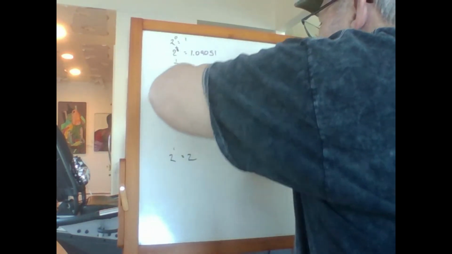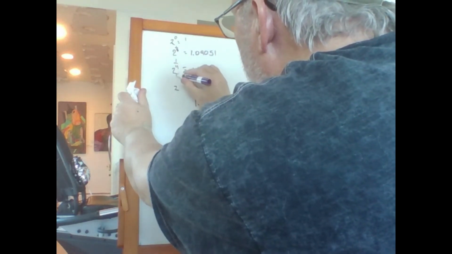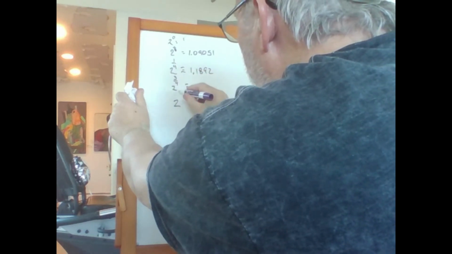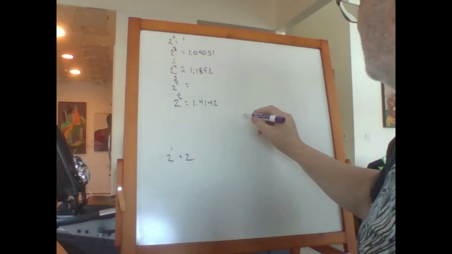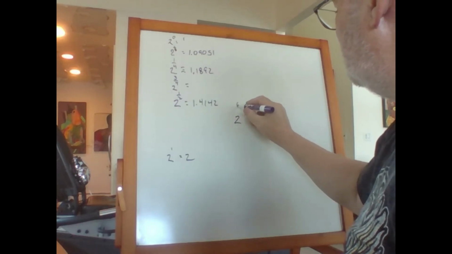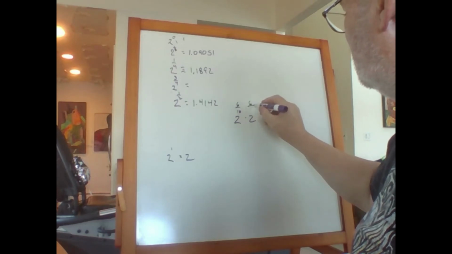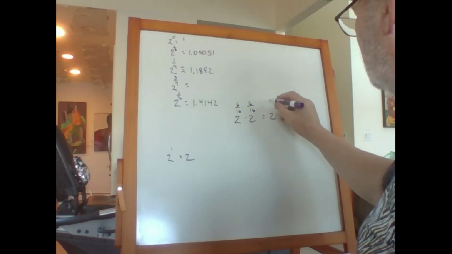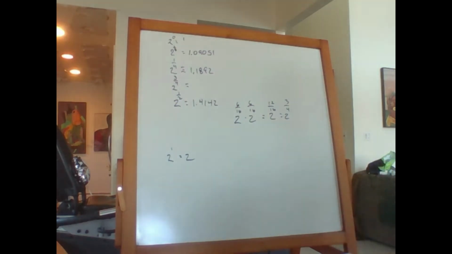Let's make some room in here. 2 to the 3/4 equals 2 to the 6/16 times 2 to the 6/16 equals 2 to the 12/16 equals 2 to the 3/4, or 0.75.